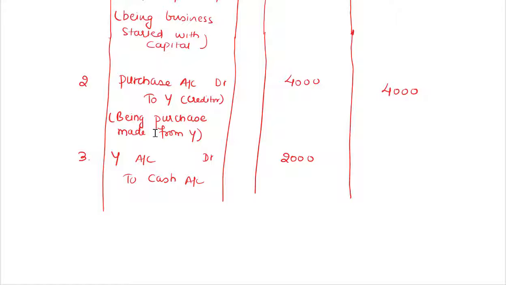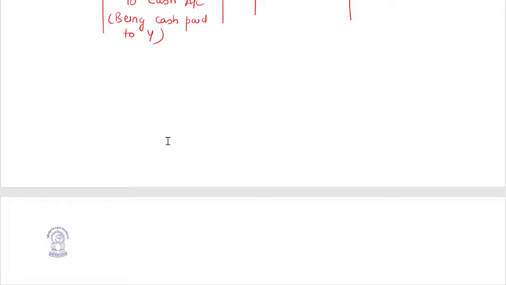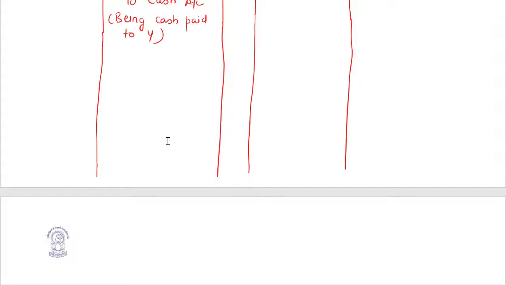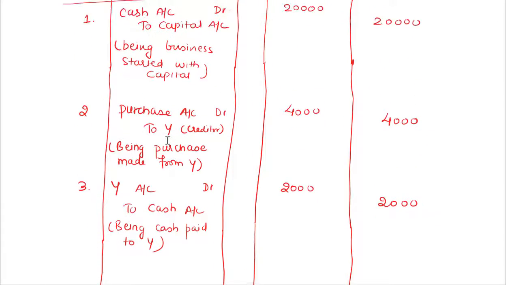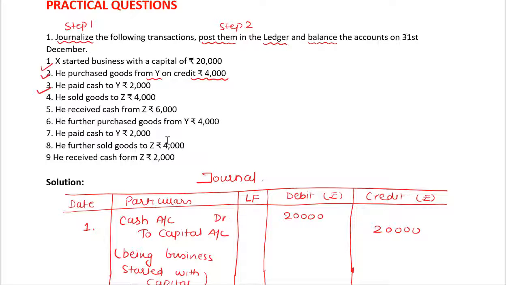We paid cash of 2,000 rupees, being cash paid to Y. Students, is it clear till here? Kindly take notes along with me. Solve with me.